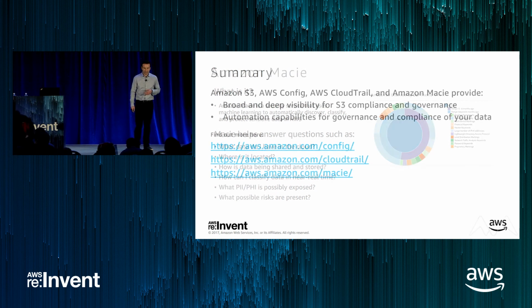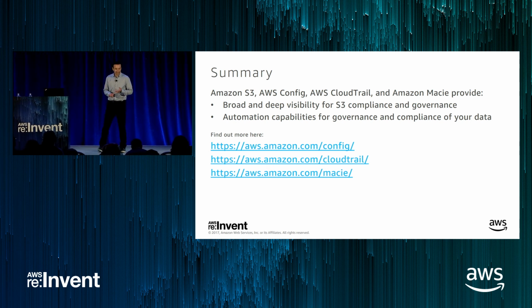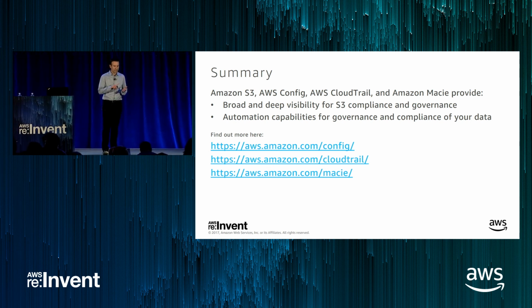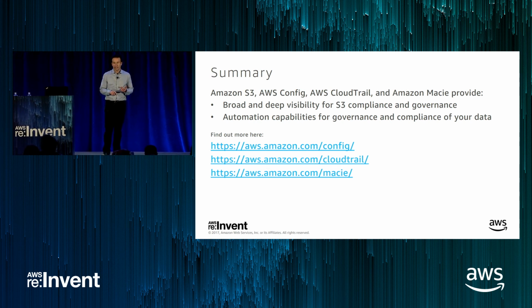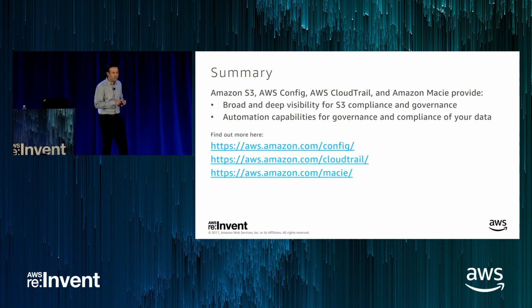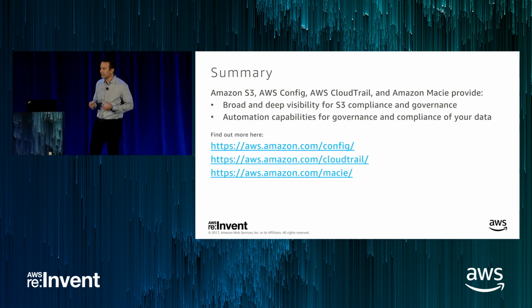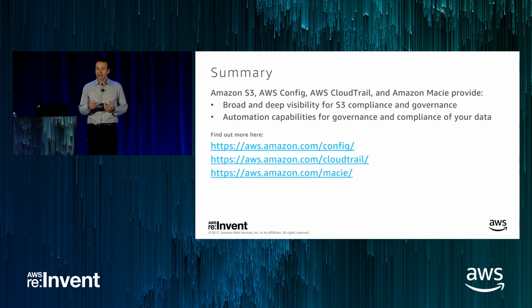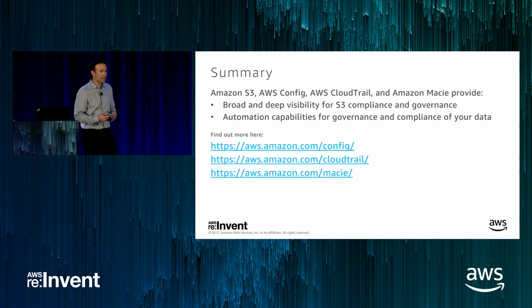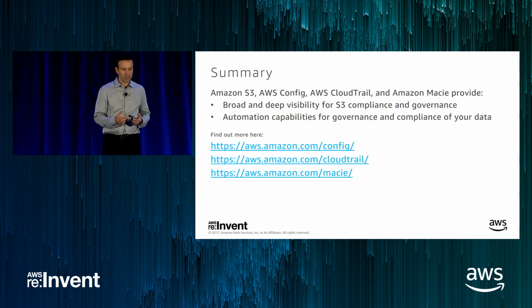And just in summary, we've looked at S3 and the tools, we've looked at Config, we've looked at CloudTrail, and we've looked at Amazon Macie. And with all of these combined, as well as the additional services AWS makes available, it's really a broad and deep visibility for S3 compliance. It really helps you have a high level of confidence that you understand what's going on with your organizational data and your customer data.